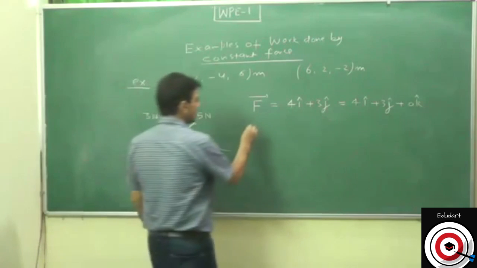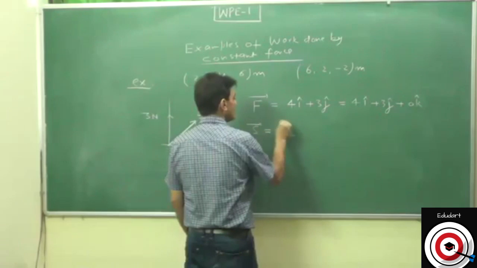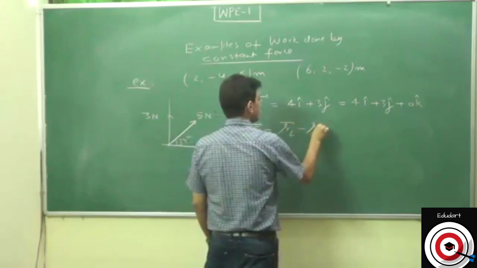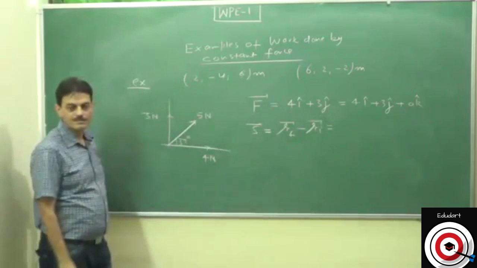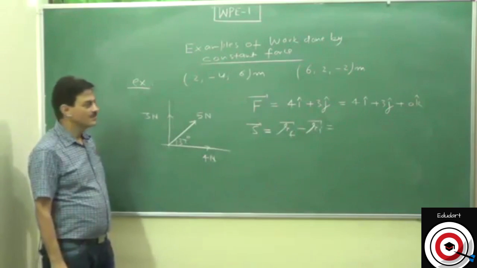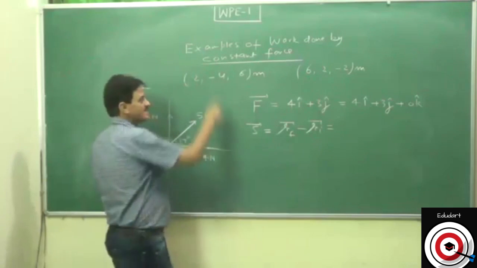And what is S vector? S vector is R final vector minus R initial vector. R final is this, R initial is this.